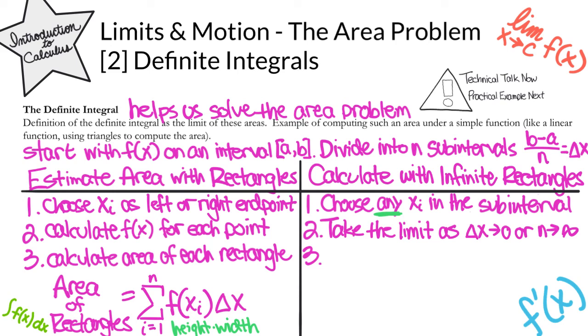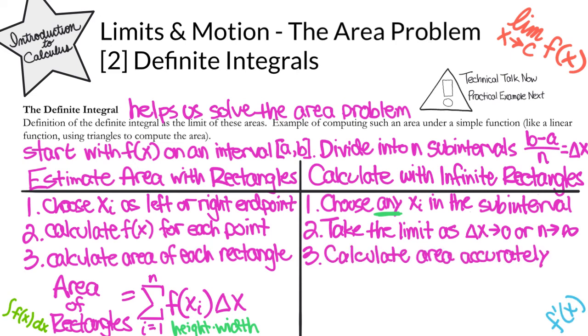So delta x approaching 0 means that the width of each rectangle used to be however wide, and now we're making it super skinny, almost nothing. Or n approaches infinity, meaning in the same interval, we'll use an infinite number of rectangles instead of a finite number, kind of like number 4 with the teacups. Step 3, calculate the area accurately.